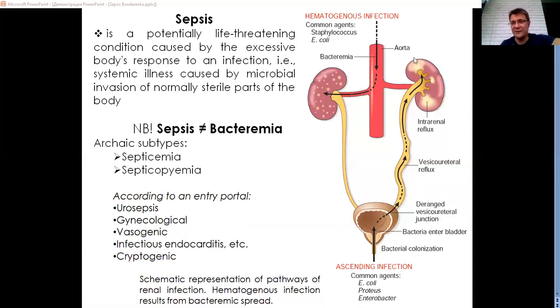However, when the invasive forces of the bacteria surpass the defensive forces of our body, the bacteria may spread to the blood and potentially develop a septic condition.